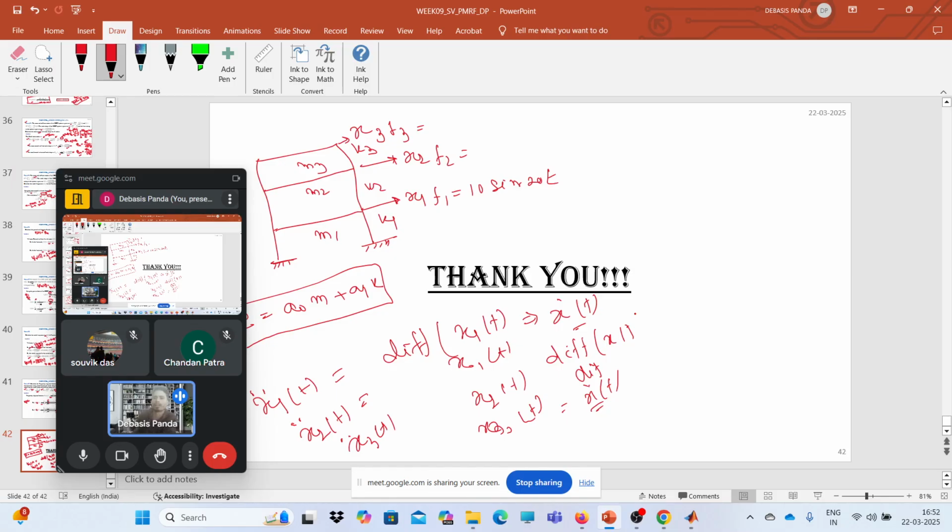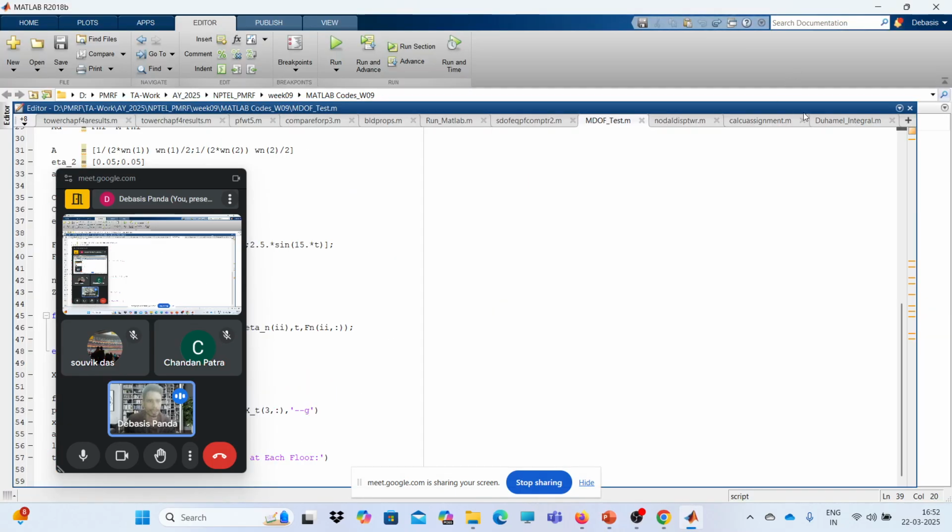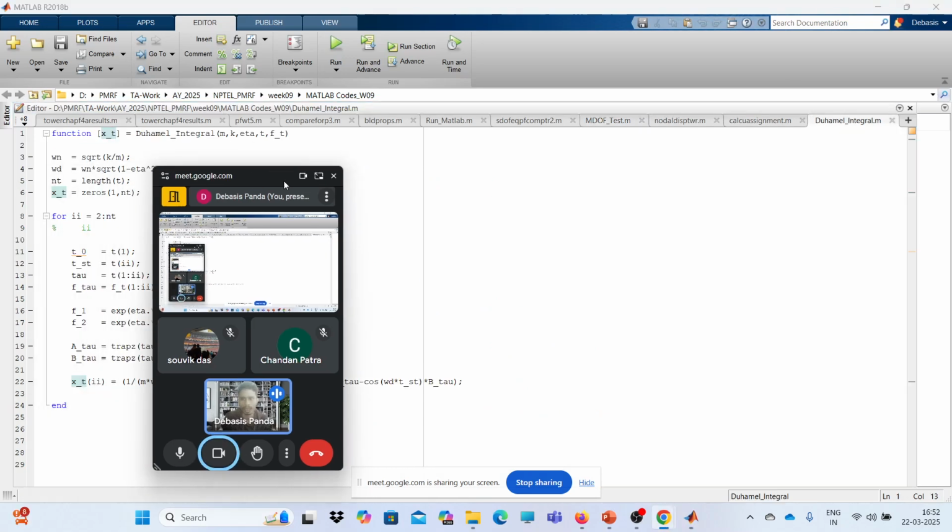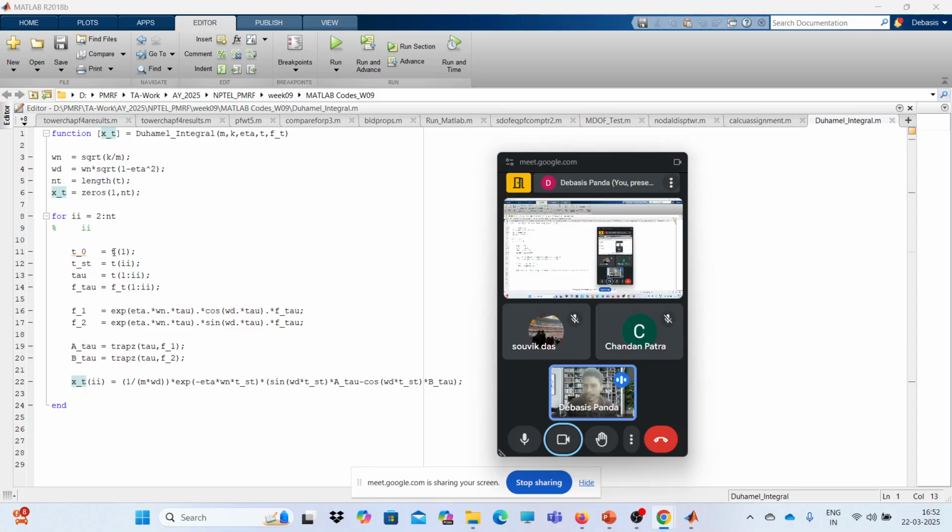And then we solved a multi-degree of freedom system using the Duhamel integral technique in modal coordinates. Here you can see the Duhamel integral part, we already generated this code. Also, you can use this Duhamel integration using the simple command conv.